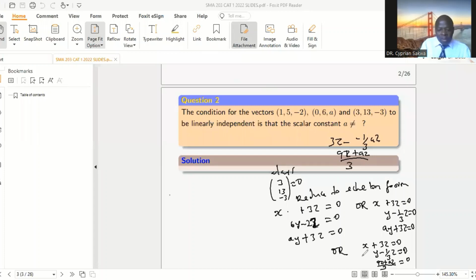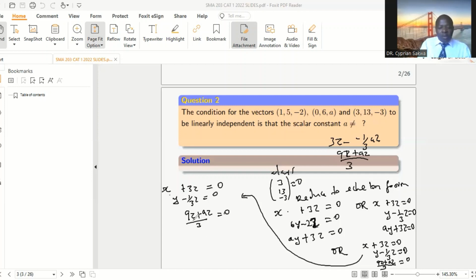So I have x plus 3z is 0. The second one I had y minus a third z is 0. This last one was 9z plus az out of 3 is 0.